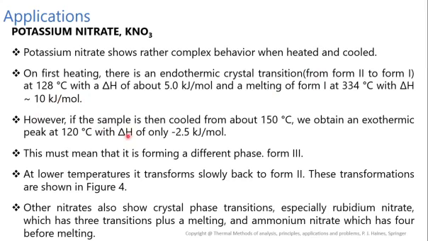However, if the sample is then cooled from about 150 degrees Celsius, we get an exothermic peak at 120 degrees Celsius, with delta H of only minus 2.5 kilojoule per mole.